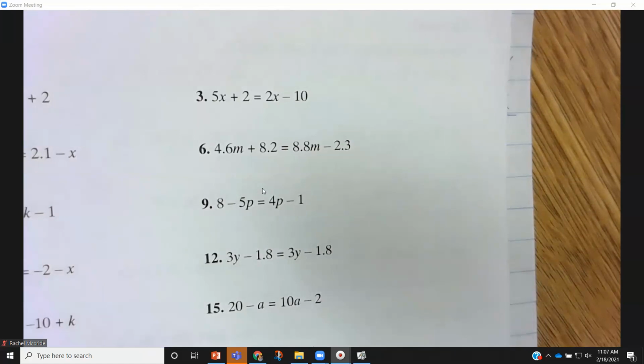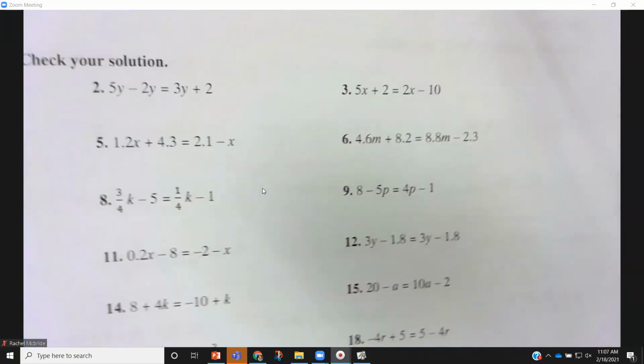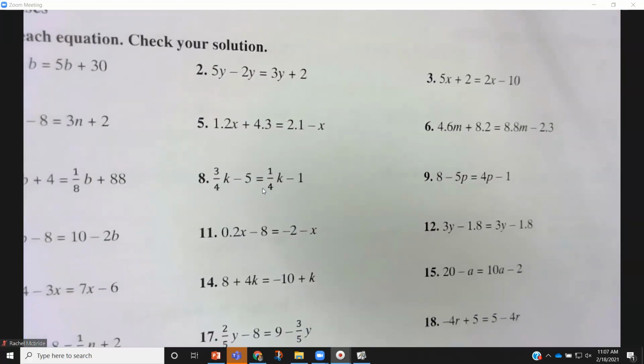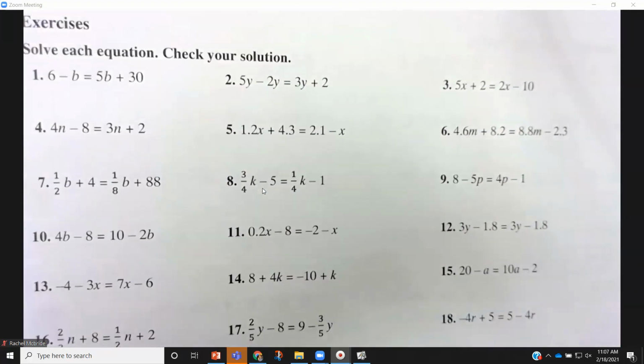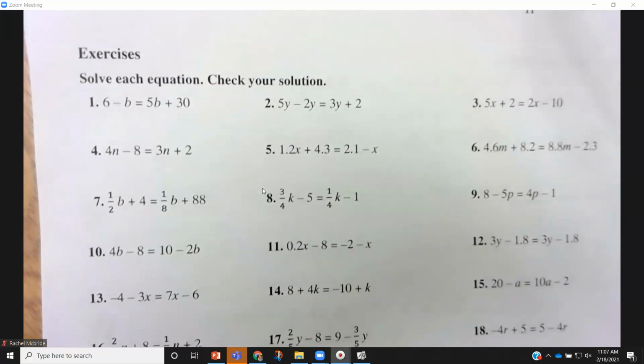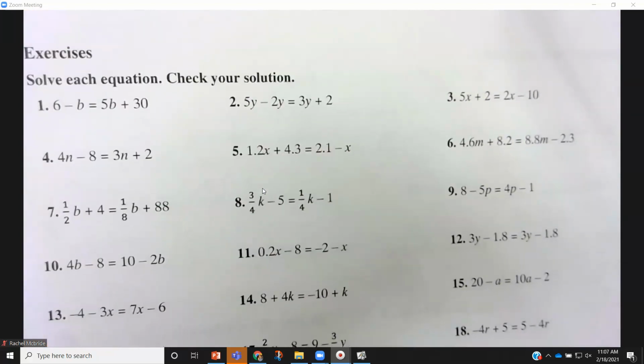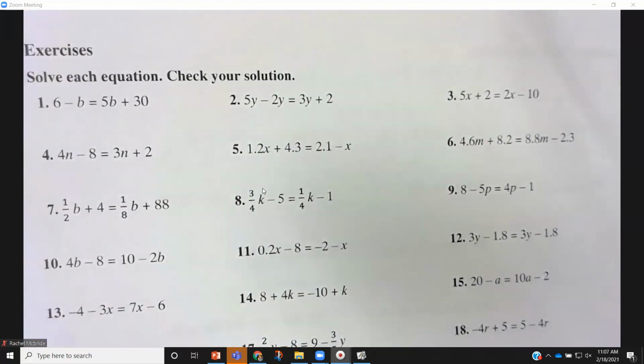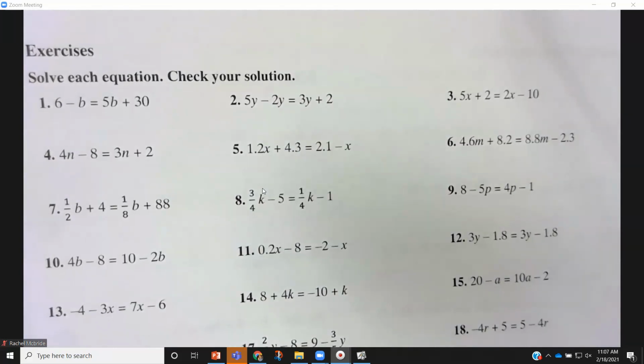All right, guys. I want you to just do 4 problems for me tonight. Do 6 through 9. That's it. You're doing 6 through 9. You're gonna love the fractions. I know. You can turn all the fractions to decimals.